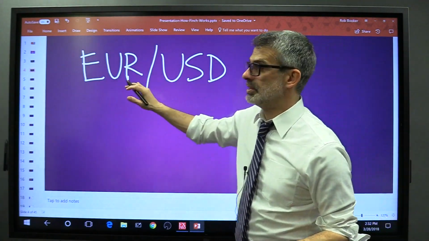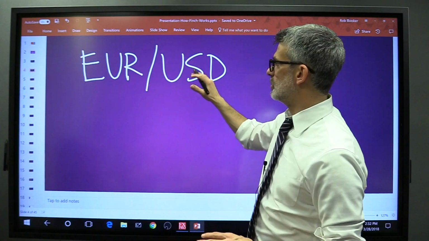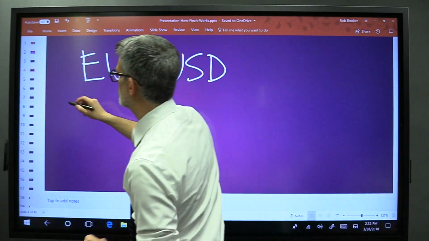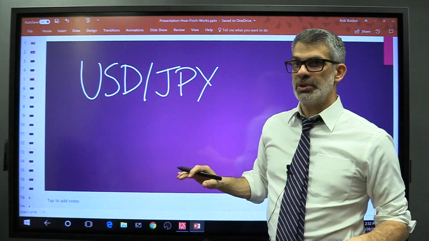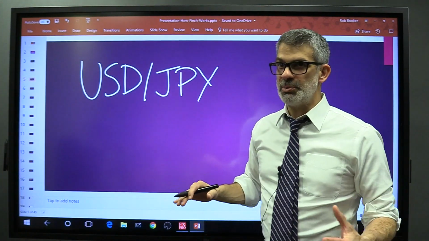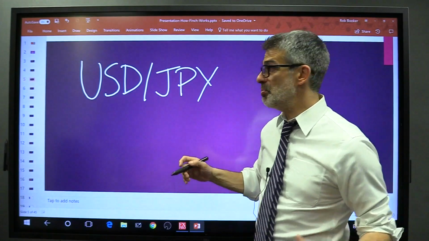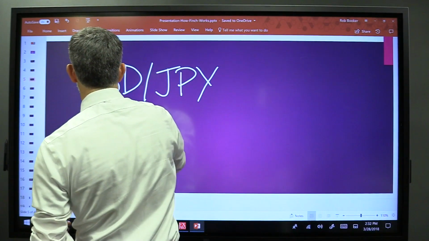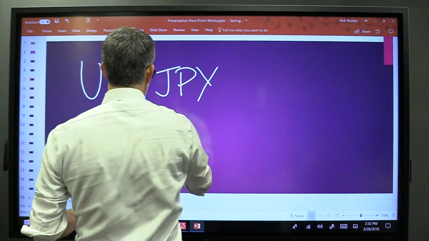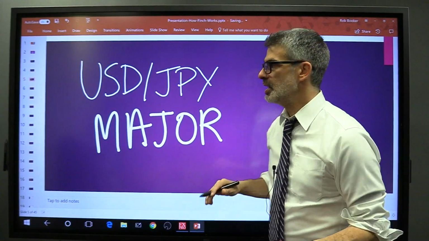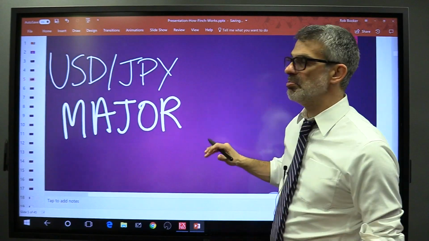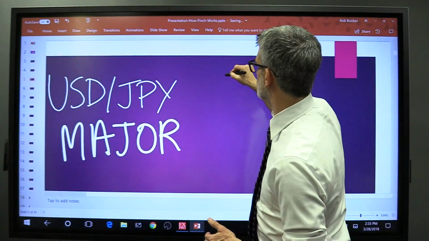Now, this is the quote for the Euro USD. You're also going to see quotes like the US dollar, Japanese yen. These are what most people would refer to, these two, as majors. So you're going to hear people toss around this term, major currency pairs. This usually involves the major currencies of the world.